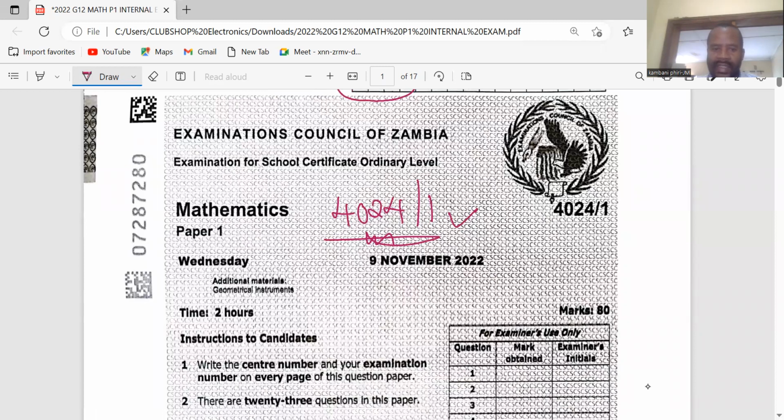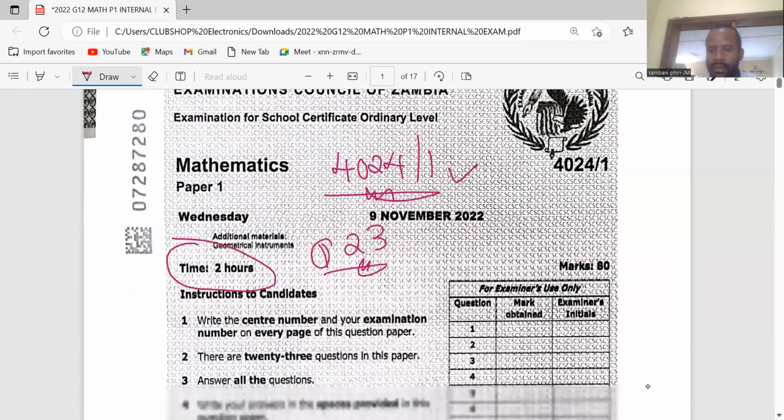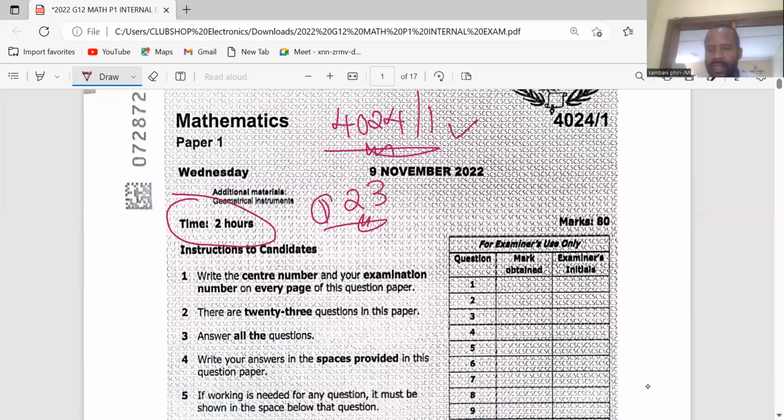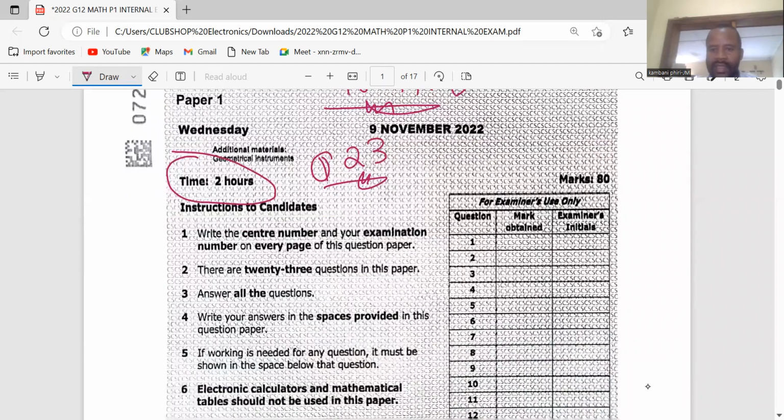You also need to realize that the time you're supposed to take to work this out is 2 hours. So 2 hours may not be sufficient, but if you have prepared yourself adequately, this should be sufficient. And mind you, there are 23 questions. This is not multiple choice, you have to do your calculations. Then there is also this part which has been revised.